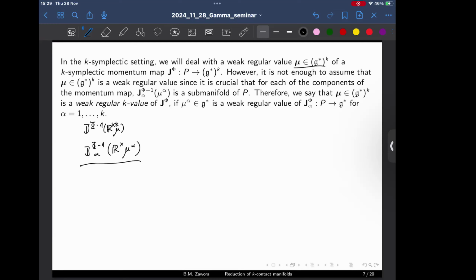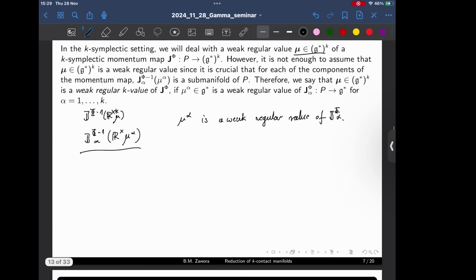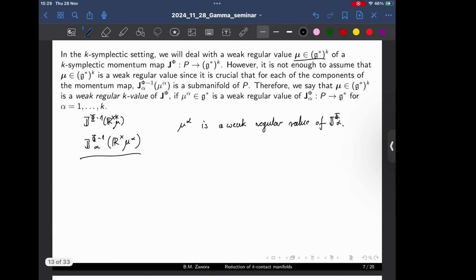To ensure this, we will assume that each mu alpha is a weak regular value of J phi alpha. Then if every component of bold mu is a weak regular value of J phi alpha, of course bold mu is a weak regular value, and we will call it that.